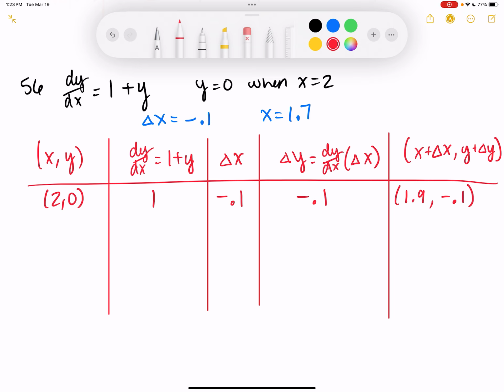So then we bring that point over here. If I plug in 1.9 and negative 0.1 to this equation, what do I get? 0.9. Then delta x is still negative 0.1. What's 0.9 times negative 0.1?